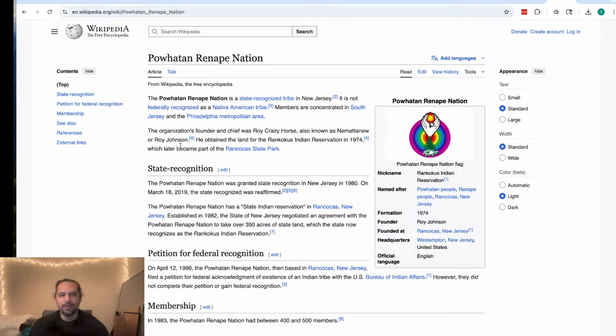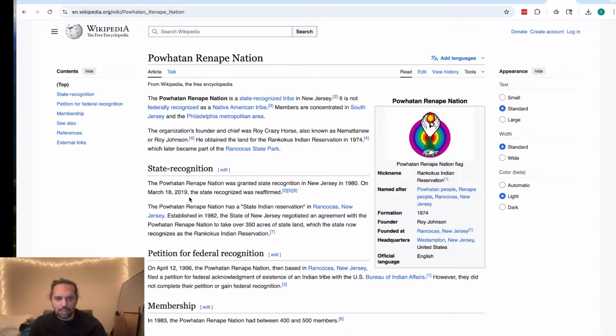The organization's founder and chief was Roy Crazy Horse. That's awesome. I want that name. Also known as Nematanu or Roy Johnson. He obtained the land for the Rancocas Indian Reservation in 1974, which later became part of the Rancocas State Park. The Powhatan Lenape, I see. The Powhatan Lenape Nation was granted state recognition in New Jersey in 1980.